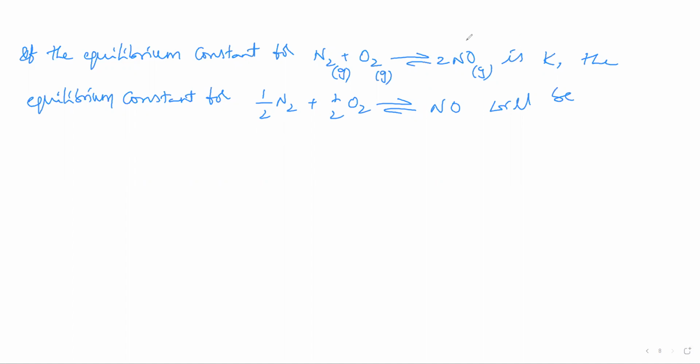Here Kc is equal to K. If the equation is halved, Kc becomes square root of K, or K power 1 by 2, right? So this is how we'll get questions based on equilibrium constant. Then we'll move to the next question.